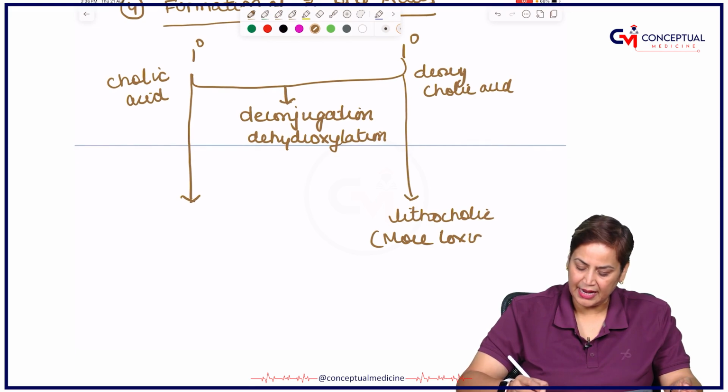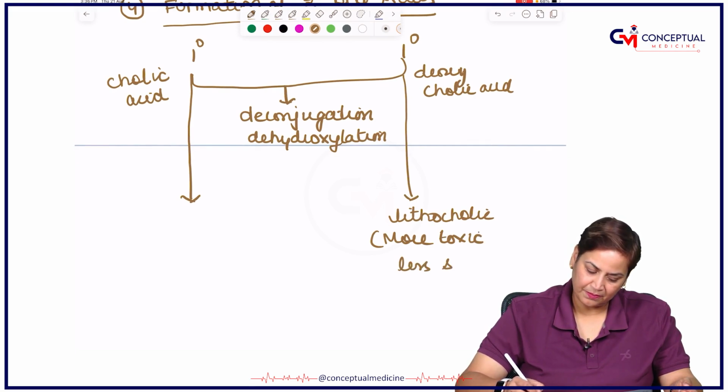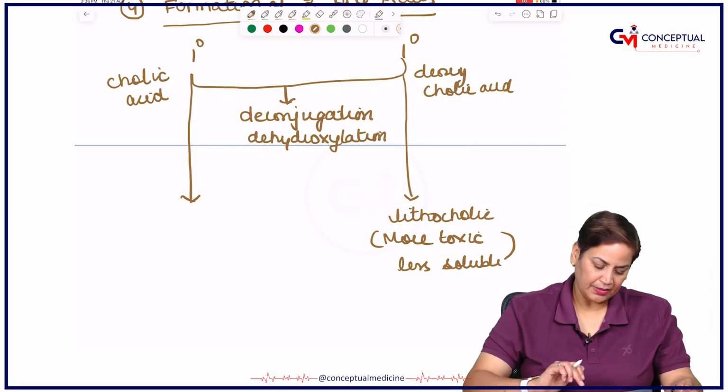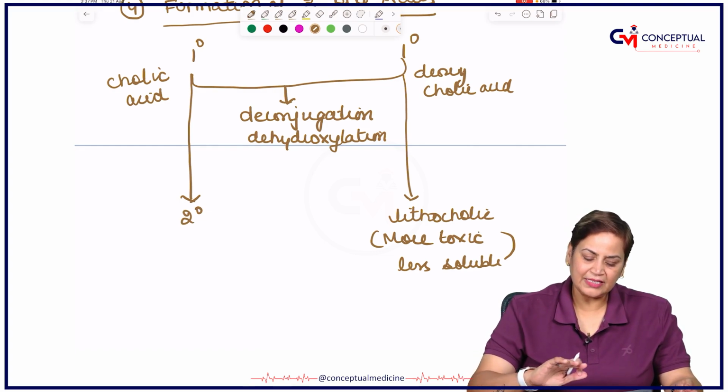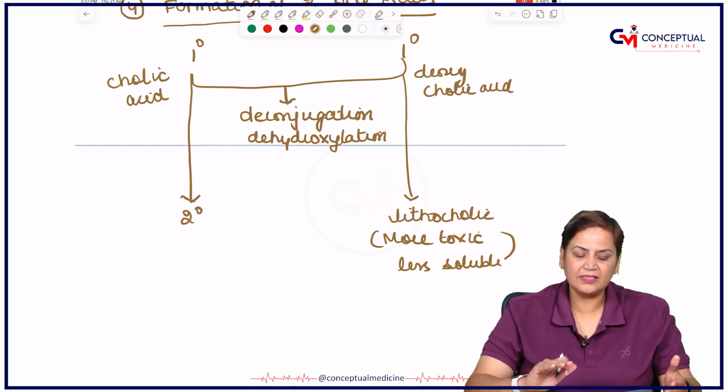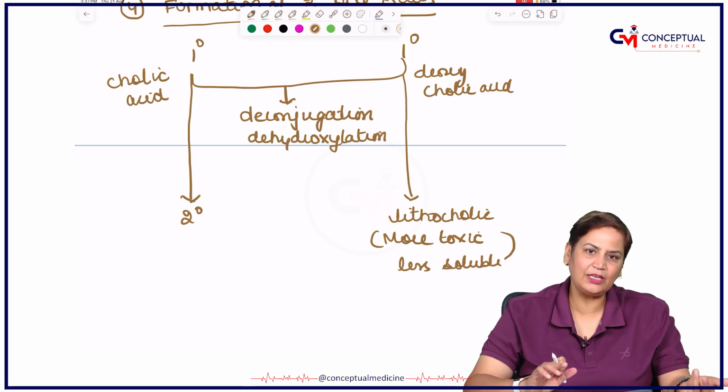More toxic and less soluble. Right? And secondary bile acids will be produced. So you can say that this is how the synthesis of bile acids and bile salts takes place with the help of cholesterol, and this is the main use of cholesterol.